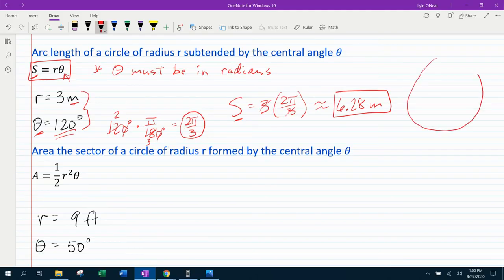And just to give you an idea of what we just calculated, okay, let's say that we have a circle which has a radius of 3. And if we have an angle of 120 degrees, what we just calculated is the distance around this arc here, this distance right here.